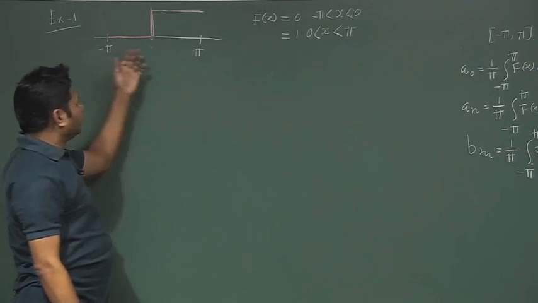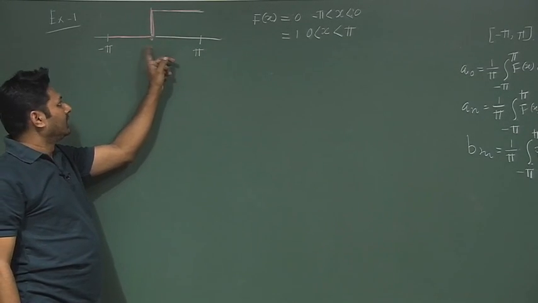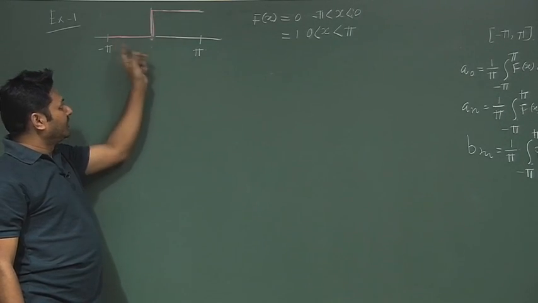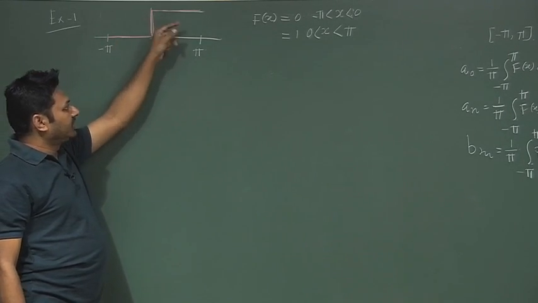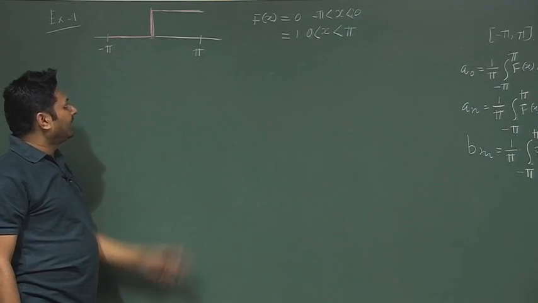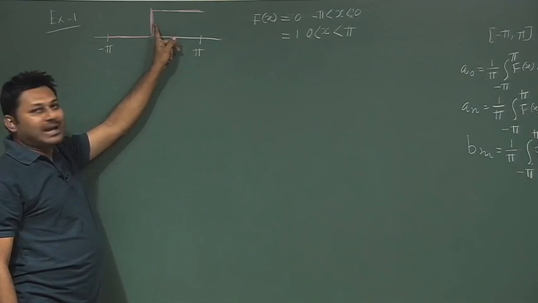There are two limits for the function, and there is a discontinuity here. The function suddenly has a jump. I shouldn't say discontinuity, but there is a jump in this function, and because of that we will have some kind of average value that we discussed last day.